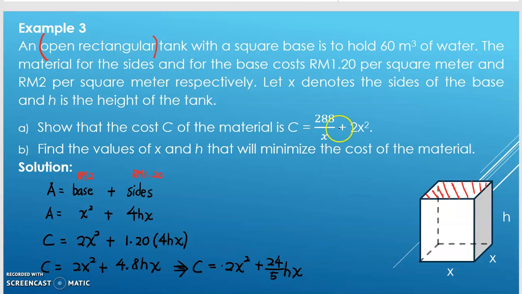But when we compare to the given function, you can see that in the given function we have 2x squared, but in this expression the h is there, so I will try to substitute the h. Let me rewrite the cost: cost is equal to 2x squared plus 24 over 5 hx. Now I'm going to substitute the h.